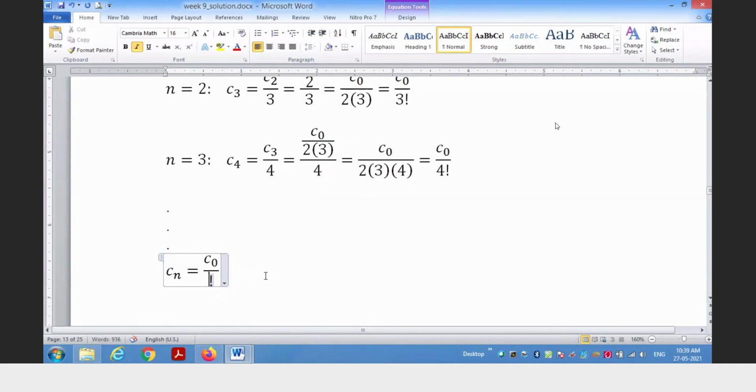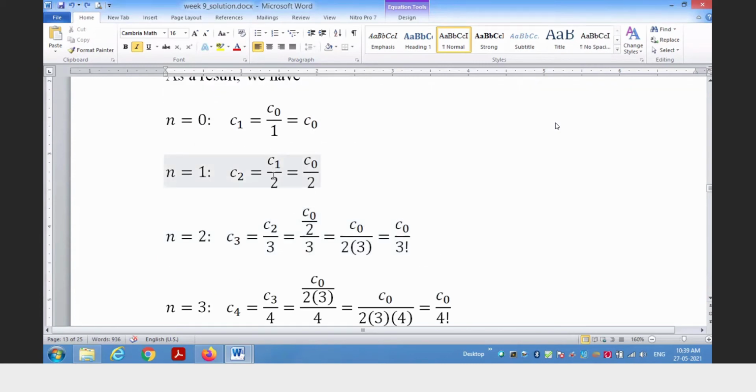Now C2 will be C0 over 2, so this means C0 over 2 factorial, because 2 equal to 2 times 1, and 2 times 1 is 2 factorial.